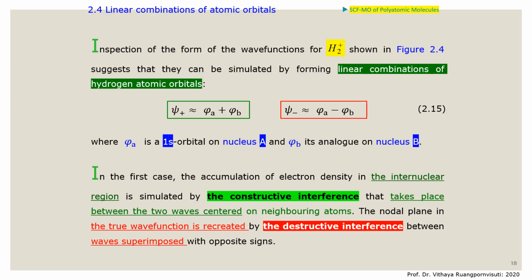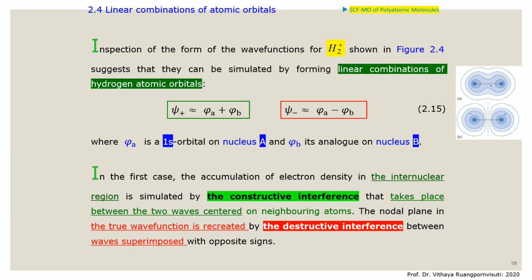This slide shows you the linear combination of atomic orbitals as a method. Inspection of the form of the wave functions for the hydrogen molecule ion, as shown in figure 2.4, the previous figure, suggests that they can be simulated by forming linear combinations of hydrogen atomic orbitals.